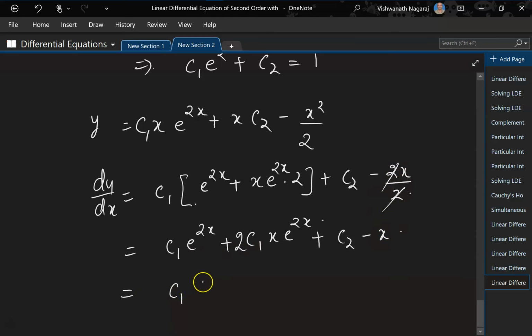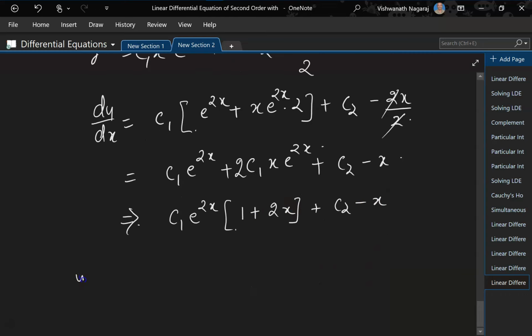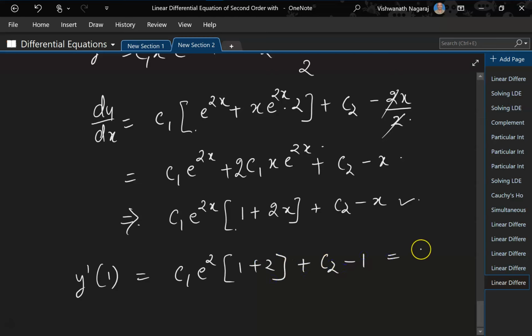So c1 we take as common, e to the power of 2x is also common, so this would be c1 e to the power of 2x times (1 plus 2x), plus c2 minus x. Let's look at y prime of 1. In this we substitute x with 1. So c1 e² times (1 plus 2) plus c2 minus 1 is equal to 1.